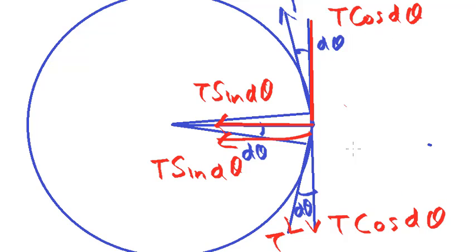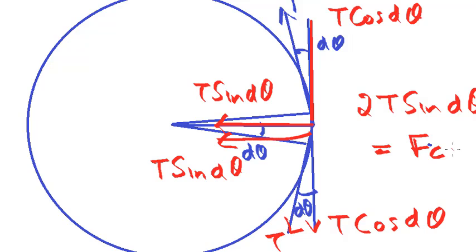And you can see the cos components will cancel each other, but the sin components will add up, and the sin components will give you the total resultant force to the center, and the resultant force is nothing but 2t sin d theta. This should become the centripetal force. Now our solution is complete.